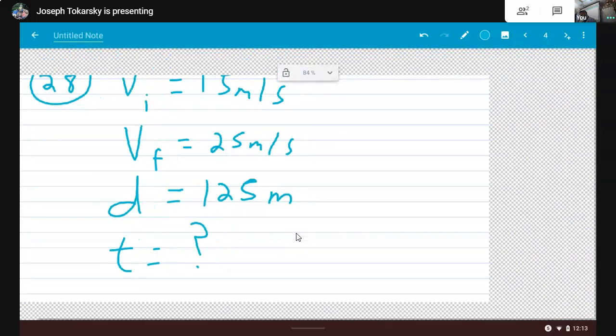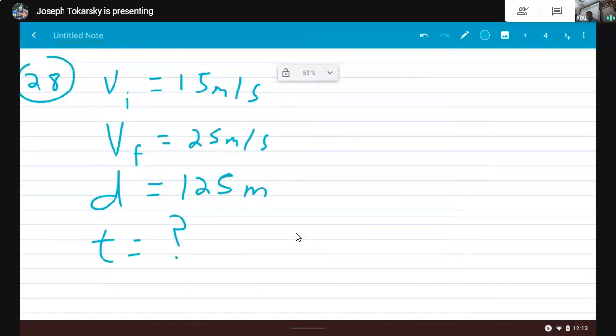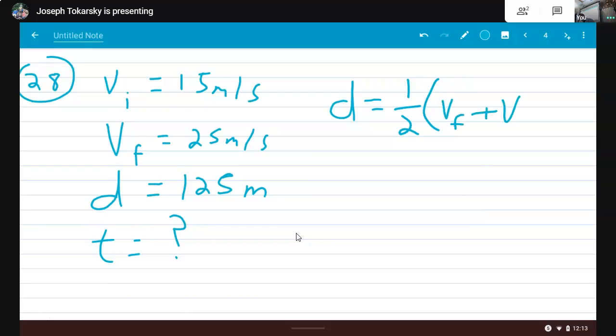So looking at our equations, which one equation will work for this one? 1, 2, 3, or 4? Go ahead. 4. And 4 looks like this originally. D equals 1/2 VF plus VI times T. Nothing's 0, so we'll just rearrange as is.